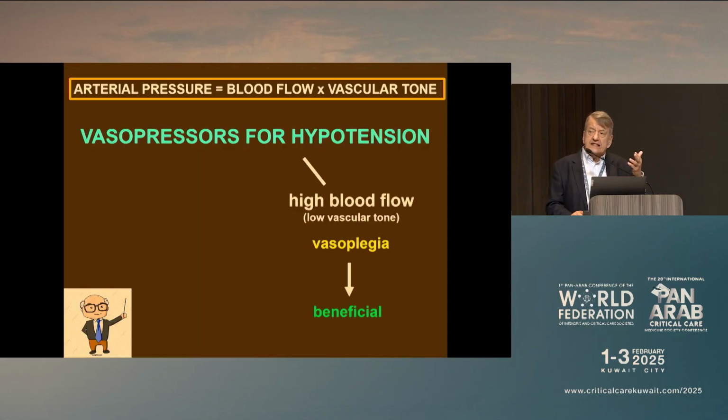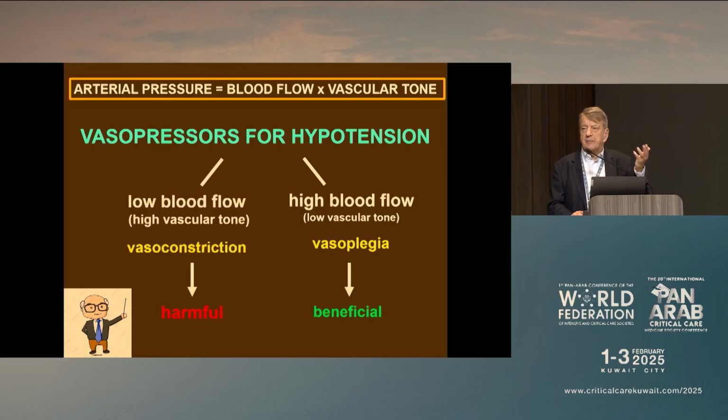So we need to have an assessment of flow. The blood must circulate. It's not just blood pressure. We cannot treat shock just with vasopressors. That would be a big mistake. Vasopressors are okay when there is vasoplegia, when flow is high. But if flow is low, giving a vasopressor may be very harmful.